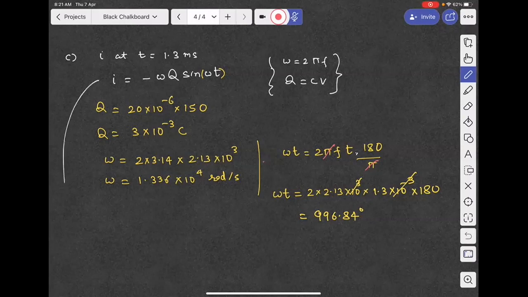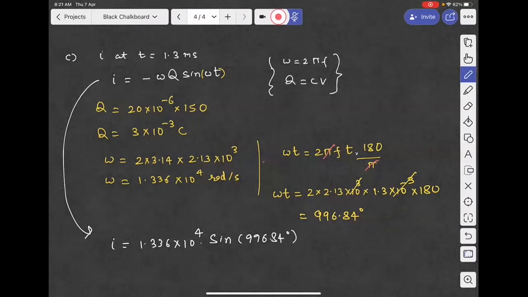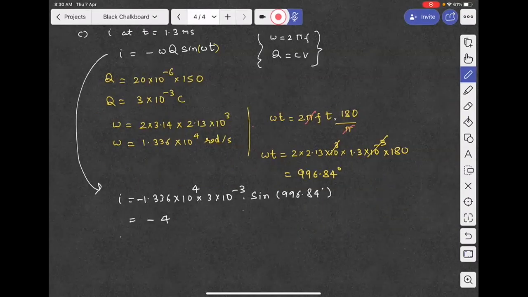Now we will substitute this. Coming back to I, it is omega, which we calculated as 1.336 into 10 to the power 4, into sine of 996.84 degree. So here this will be minus 40.08 multiplied to minus 0.992, which will come out to be 39.92 amps.